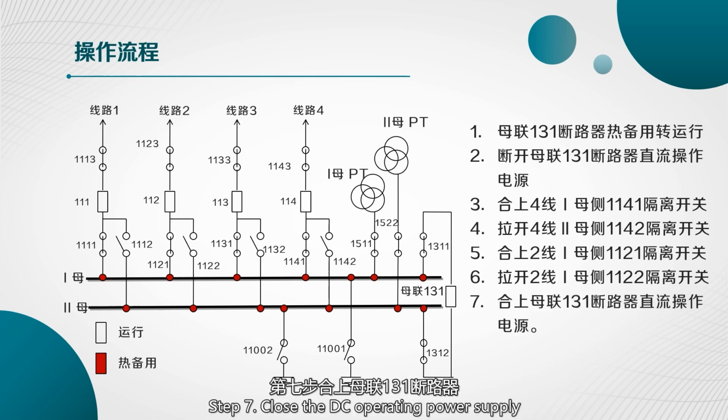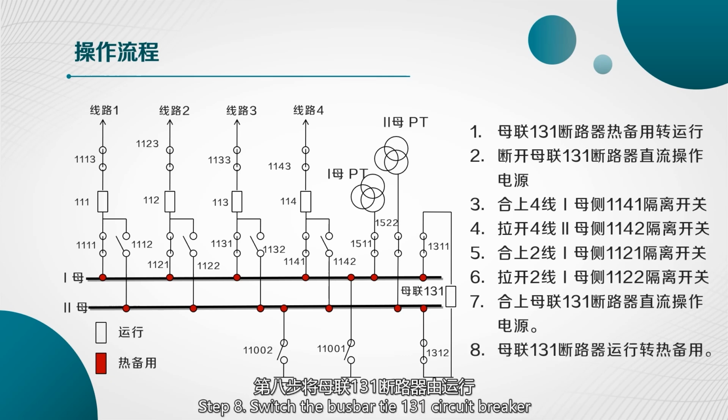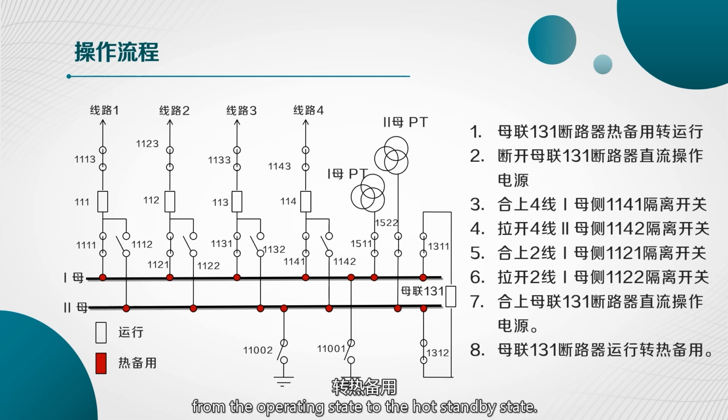Step 7. Close the DC operating power supply of the bus bar tie 131 circuit breaker. Step 8. Switch the bus bar tie 131 circuit breaker from the operating state to the hot standby state.